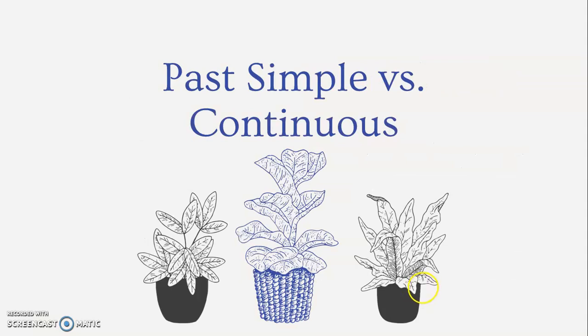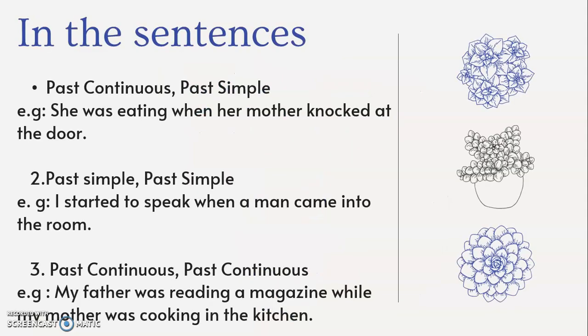Okay, we're going to discuss more about past simple versus past continuous in a sentence. In the first example, you will find past continuous and past simple in a sentence: She was eating when her mother knocked at the door. How could it be like that?